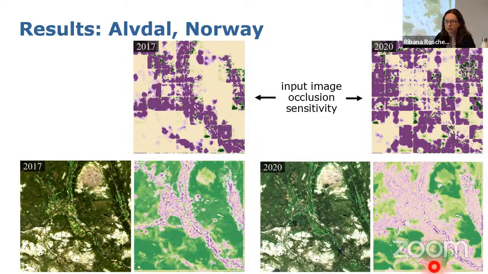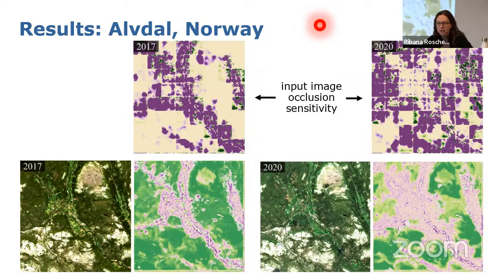So the anthropogenic area increased a lot, expanded. And here is one comparison to the occlusion sensitivity maps which I showed you in the beginning, where you covered up something in the input image. I mean, you can see similar patterns, but it's not so obvious.